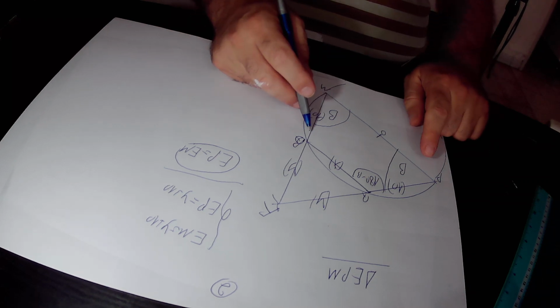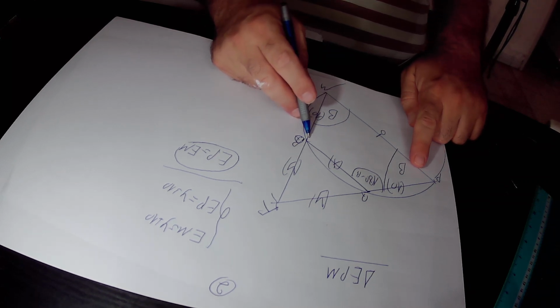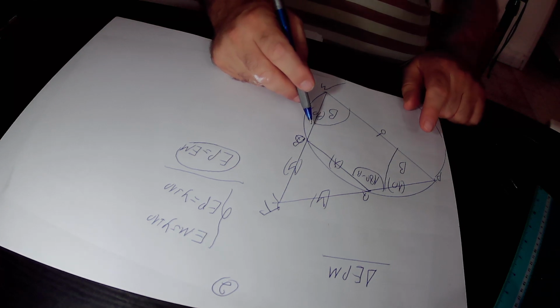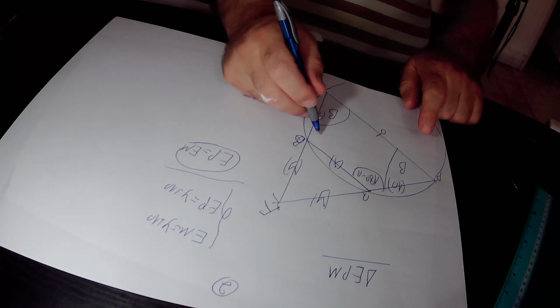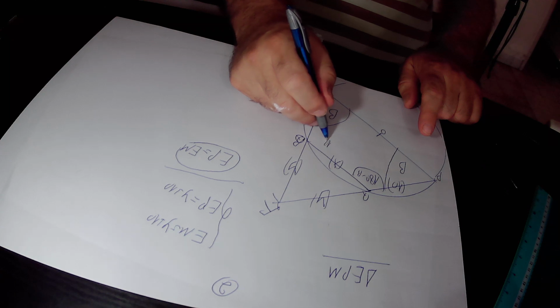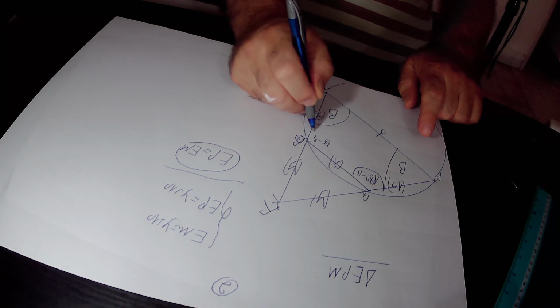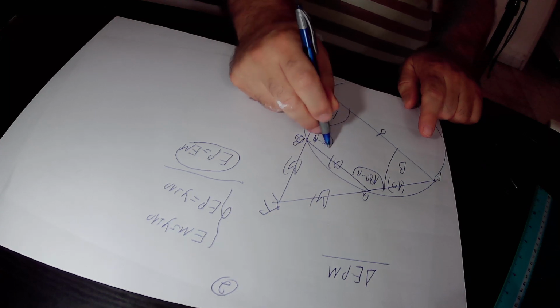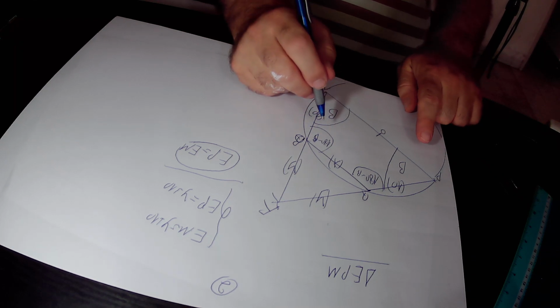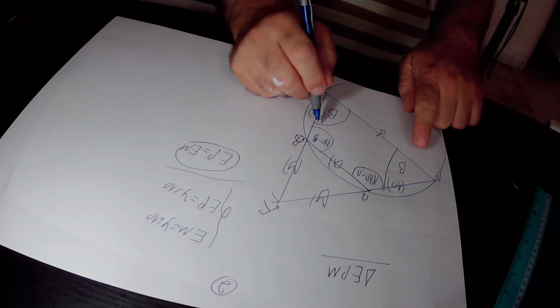Likewise, those are the other two opposite angles, and their sum must be equal to 180 degrees. This is angle beta, so this missing angle must be equal to 180 degrees minus beta, because 180 degrees minus beta plus beta is 180 degrees.